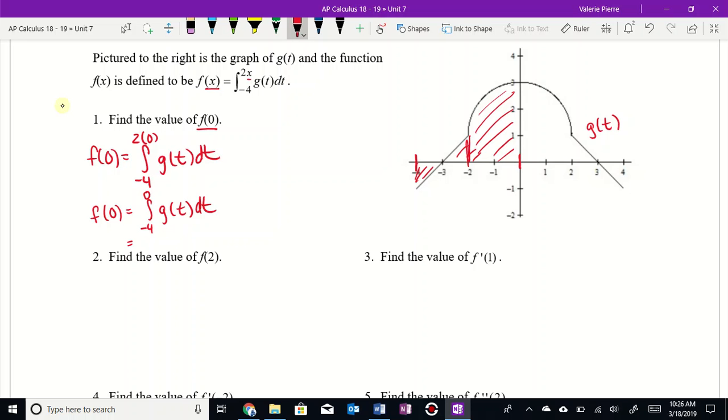If we look at these two triangles, these triangles cancel each other out because they are the same size and opposite signs. And then we have a quarter circle whose area is 1/4 pi 2 squared, and a rectangle whose area is 2 times 1. So the area here is 2 plus pi.